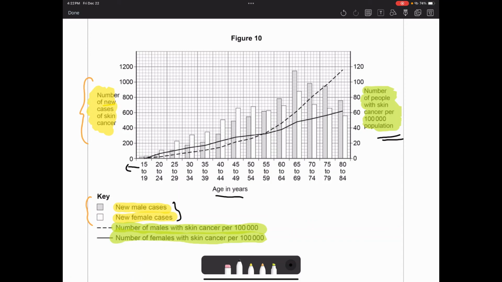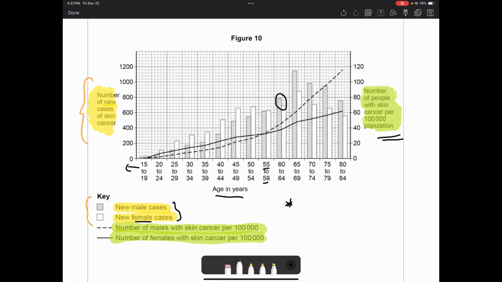So I can see, as my bars go up, I can see, right, my white bars are higher, generally, up until 55 to 59, and then, when it gets to 60, it's actually then lower. So the white bars, which are for females, are always higher up until 59, 55 to 59. So that would be my first conclusion.